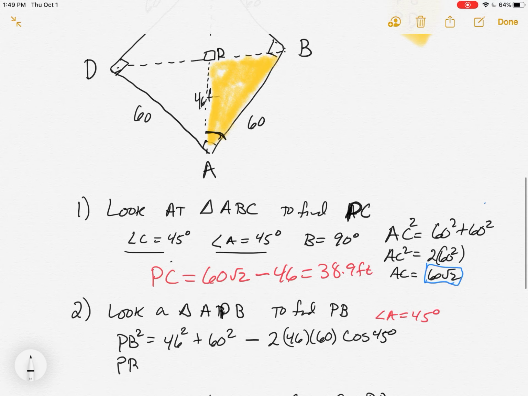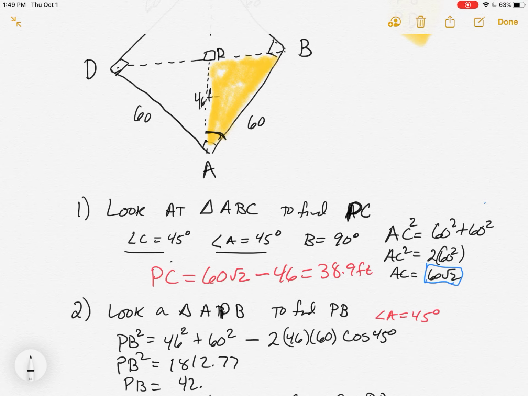Well, let's go through here. PB squared is equal to, well, let's just plug it into our calculator. Why would I do anything else? 46 squared plus 60 squared minus 2 times 46 times 60, not divided, times cosine of 45, making sure I'm in degree mode, hit equals, and I get a huge number, 1812.77, but I'm going to remember to square root it, and I get PB being equal to roughly 42.6, right?